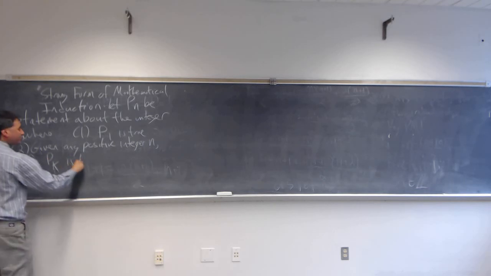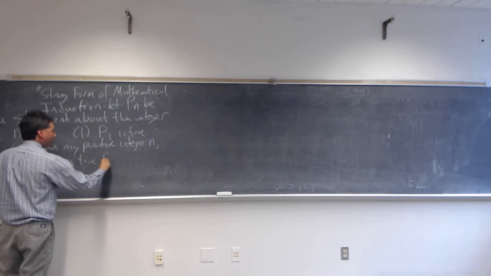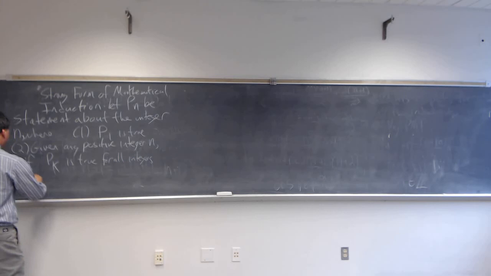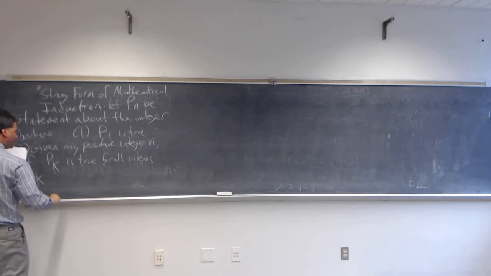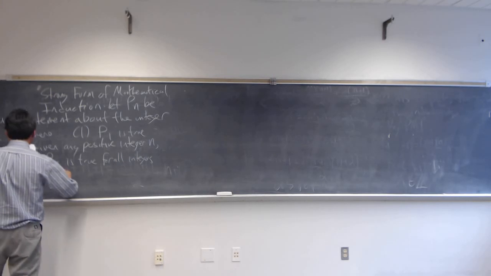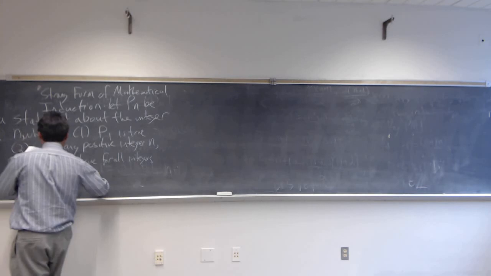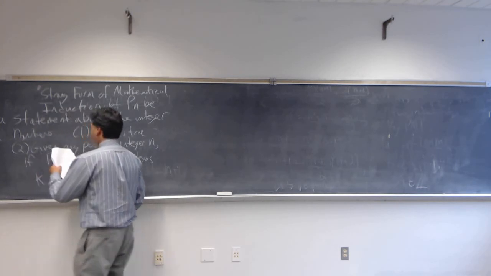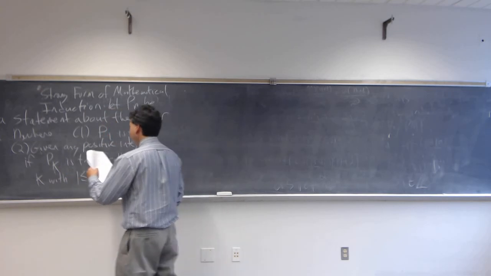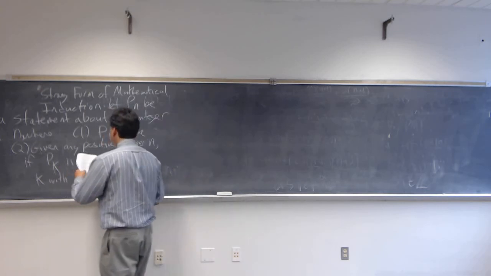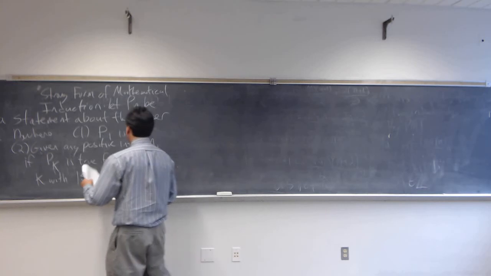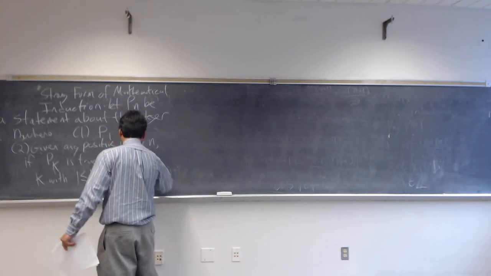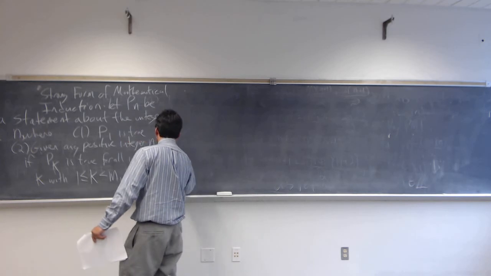if Pk is true for all integers k with k between 1 and strictly less than m, then Pm is true.